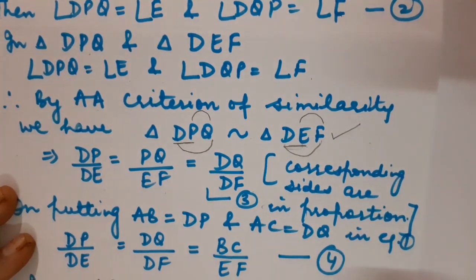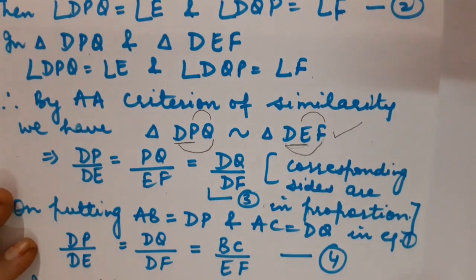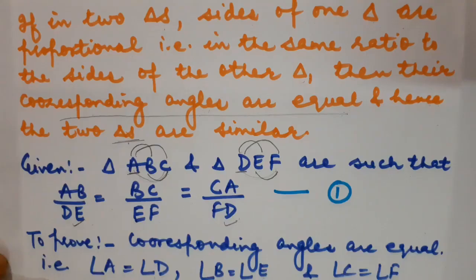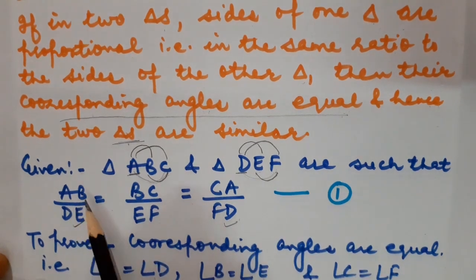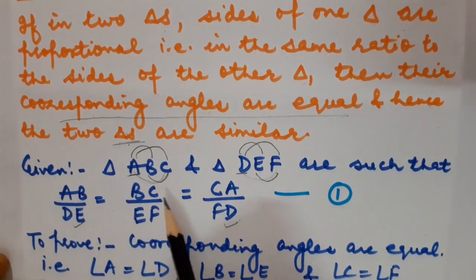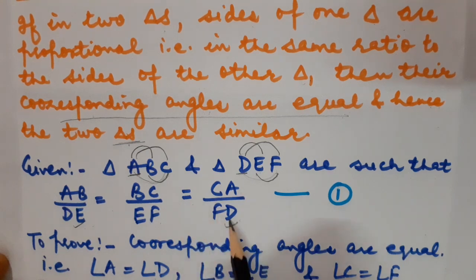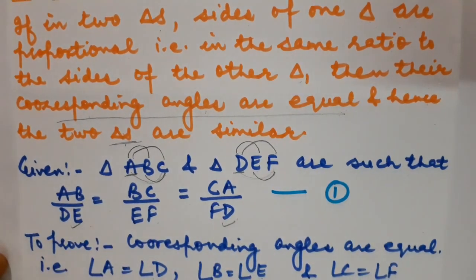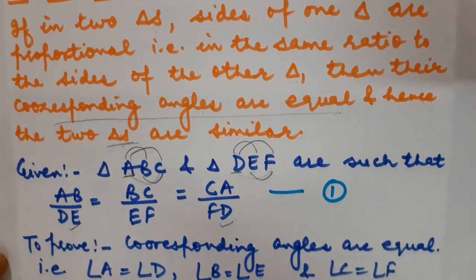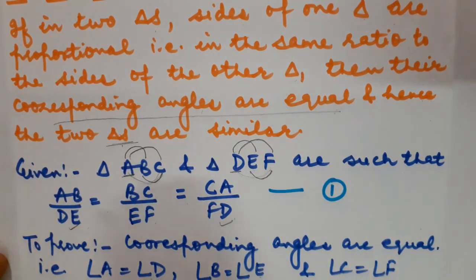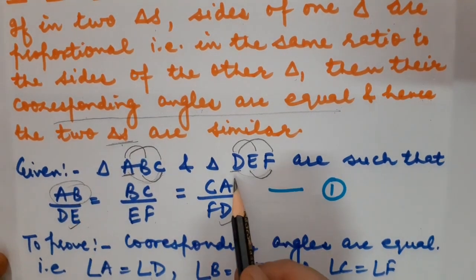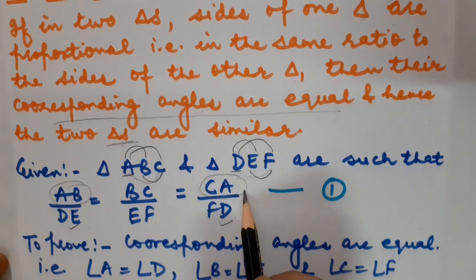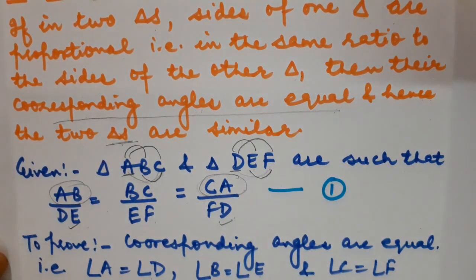Fine children. Now children, we will be having this relation given that the ratio of the corresponding side is equal. Means we will be having AB upon DE is equal to BC upon EF is equal to CA upon FD. This was given to me and it was considered as equation number 1. So children, what I am going to do now, at place of AB, I am going to write DP, and at place of CA, I am going to write DQ, as I have taken it in constructions.